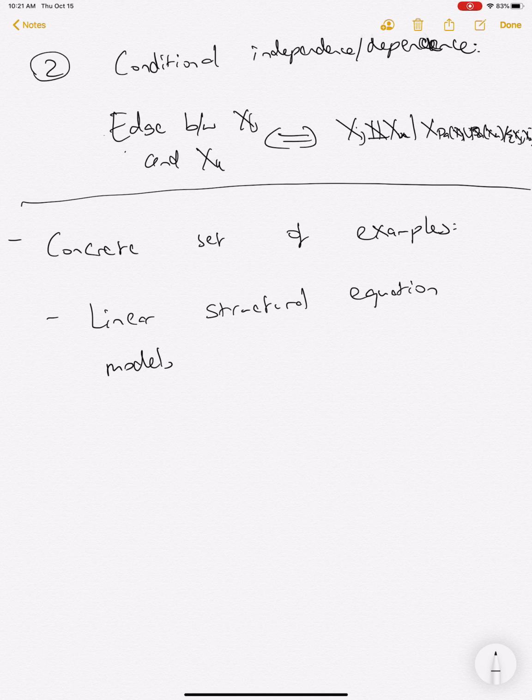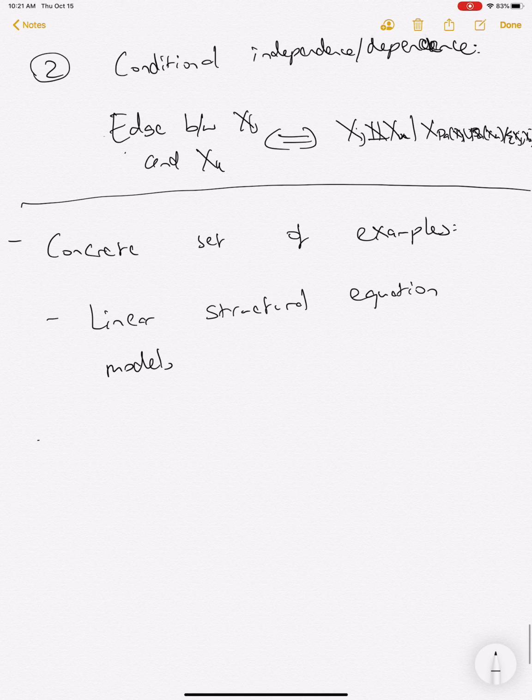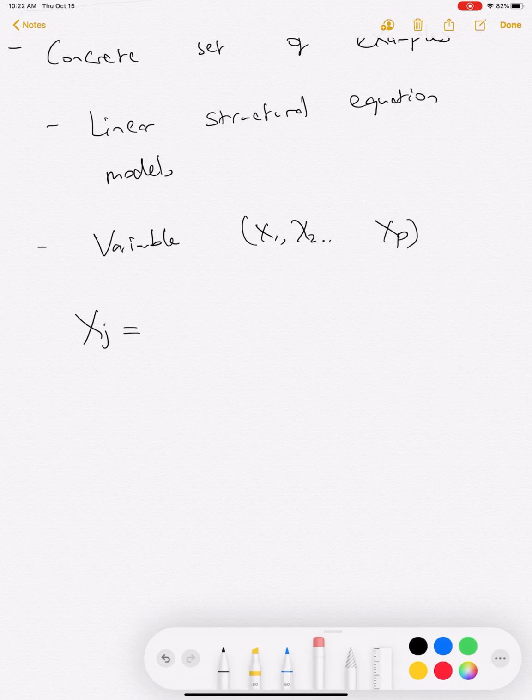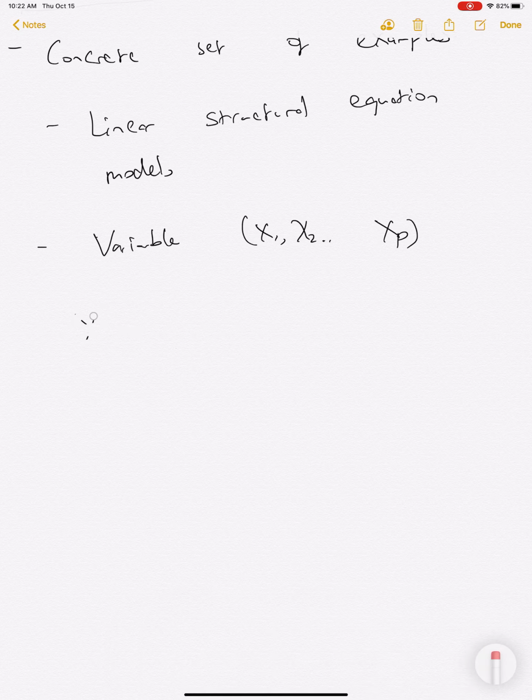But the basic idea is that we have our variables x1, x2 up to xp, and then we basically just say that xj is equal to a sum over k in... so I'll describe it in words and then I'll give the equation.